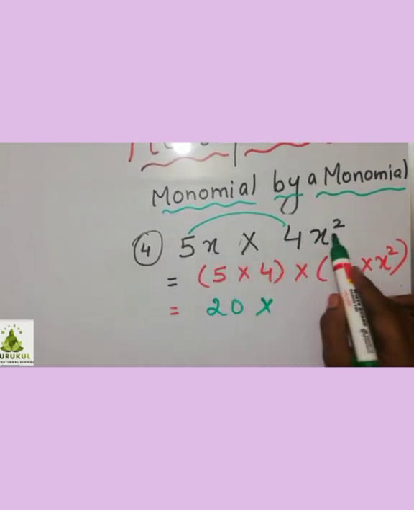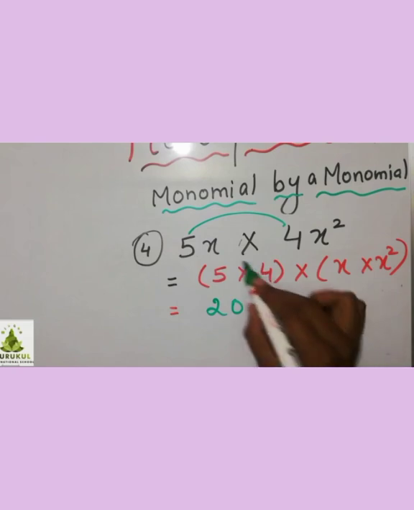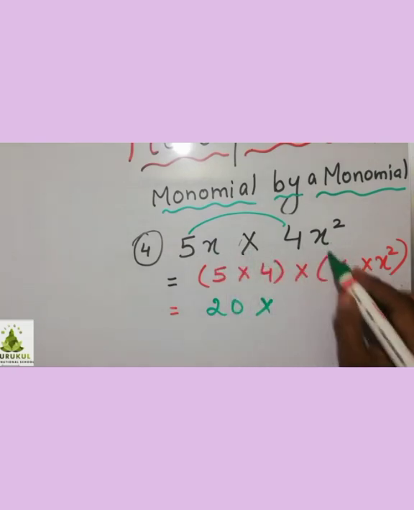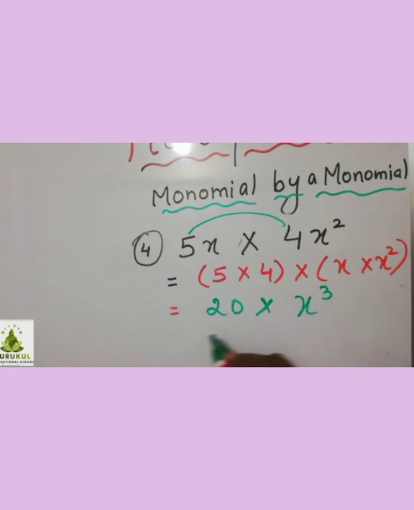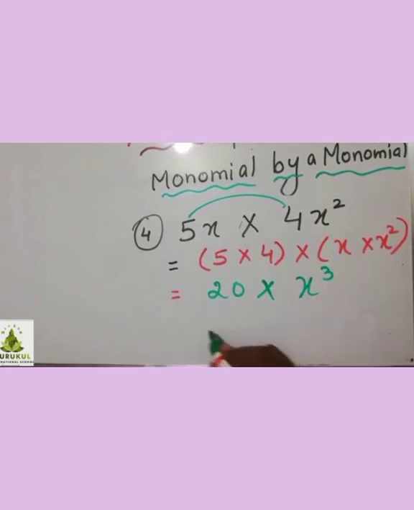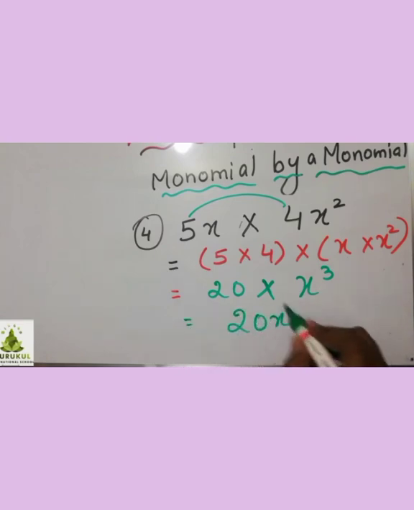Now x into x square, then multiply the variables. So x into x square is x raised to 3. So 20 into x cube, that is 20x cube. Without the multiplication sign we can write this way. 20x cube means 20 into x cube itself. Is this clear to you?